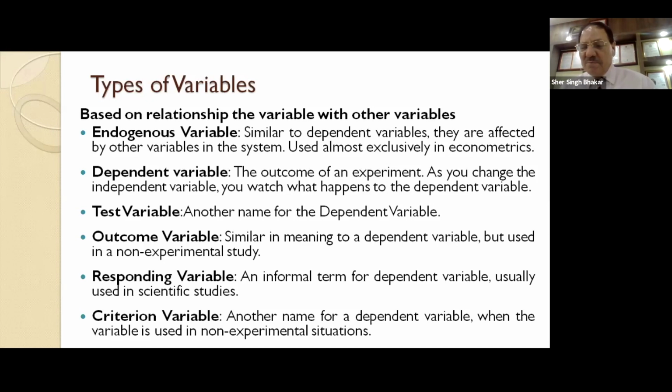Like in the same model, if I talk about trust and perceived quality affecting satisfaction, here satisfaction is a dependent variable. Trust and perceived quality are independent variables. But if you want to evaluate the effect of customer satisfaction on, say, repurchase intention or customer loyalty, here customer satisfaction is an independent variable.